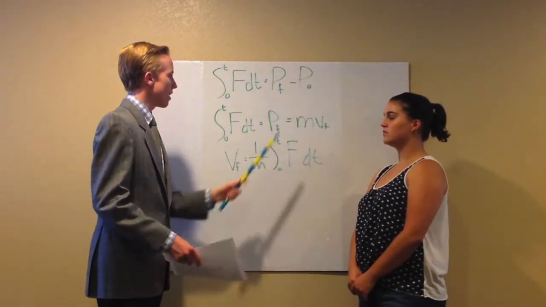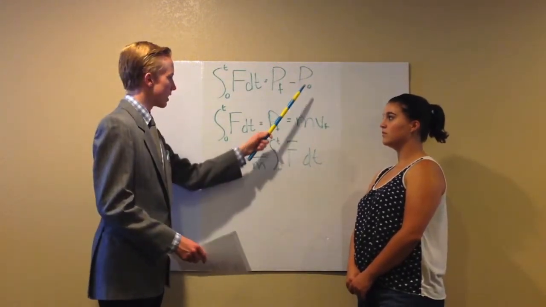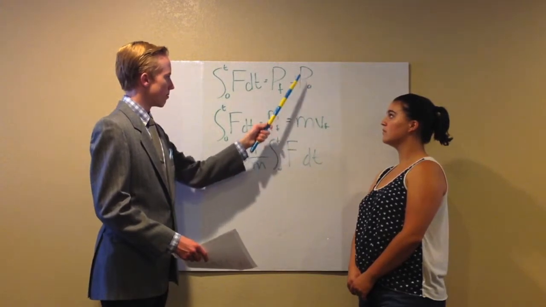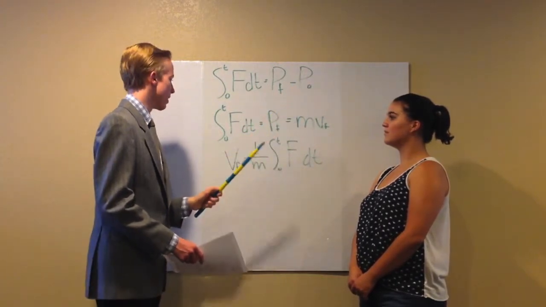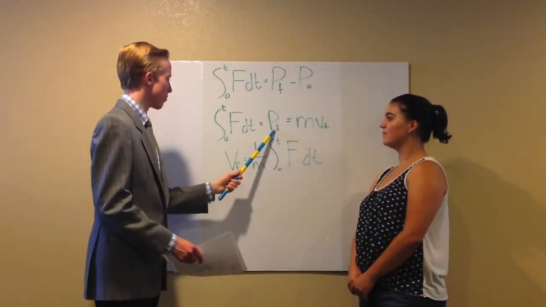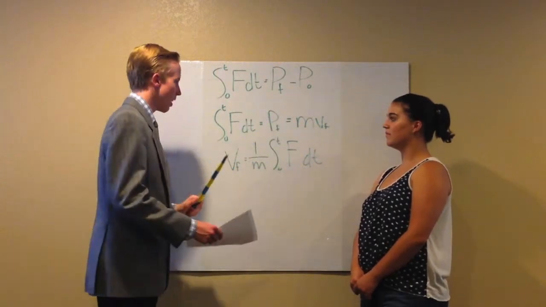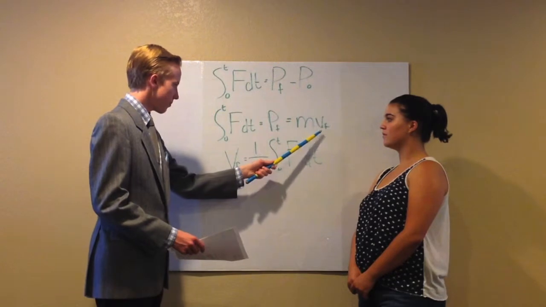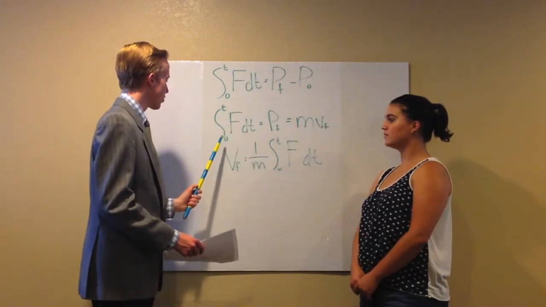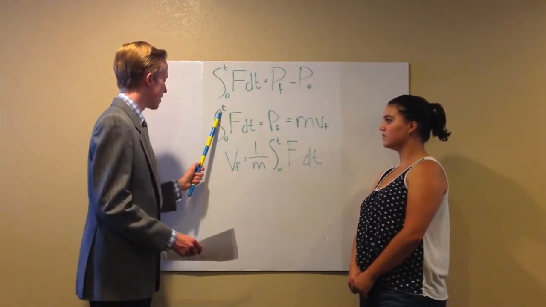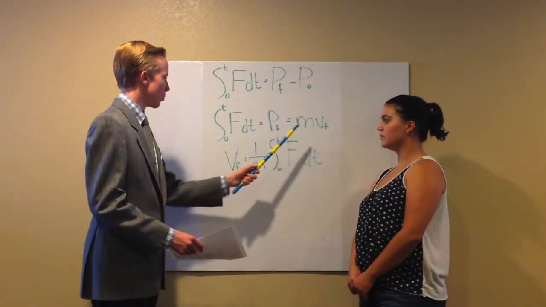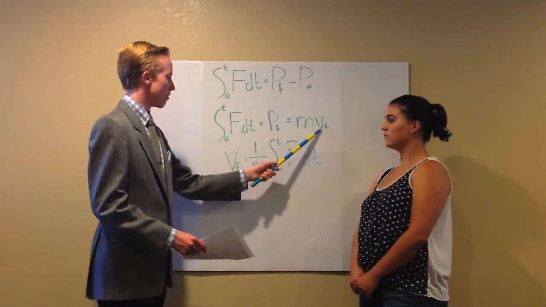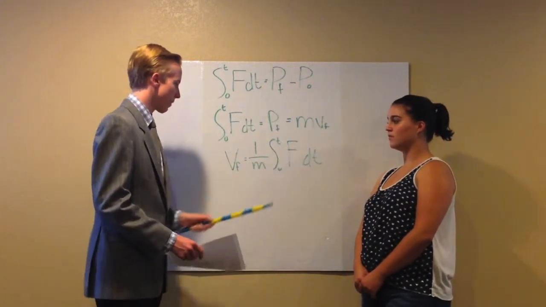Since the mass is initially not moving, we can cancel out the initial momentum, leaving only the final momentum. Since momentum equals the mass times the final velocity, we have the integral from 0 to t of F dt equal to m times the final velocity.